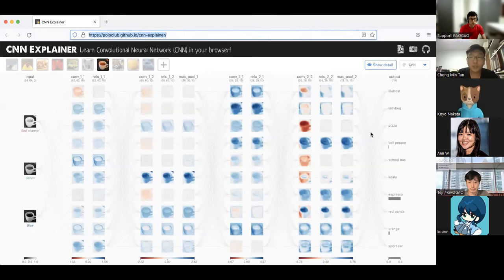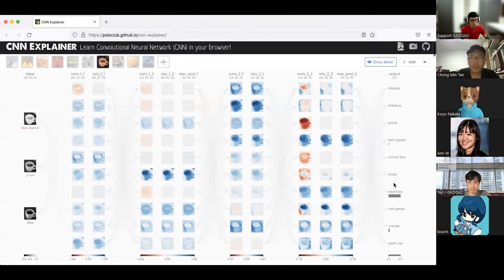What you will see is that there's this CNN explainer that basically tells you the different layers in the CNN. And over here we have a cup. I didn't create this by the way, but I thought it was quite cool to visualize what is happening. The output here is the different classes for the classification. For the input, we have 3 channels: the red channel, the green channel, and the blue channel.